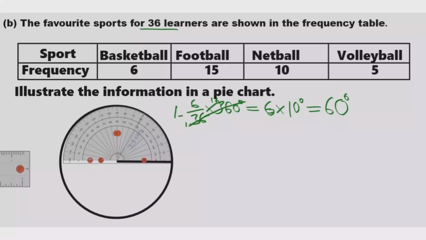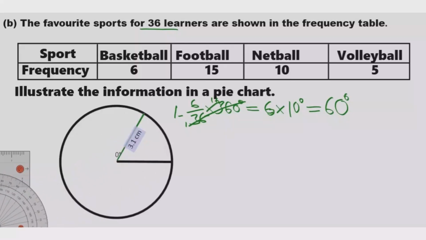Okay, that's where 60 is, so we can take the compass out like that. Then we have gotten this, and this is the value of basketball. So basketball, I'm just going to say BB, standing for basketball.